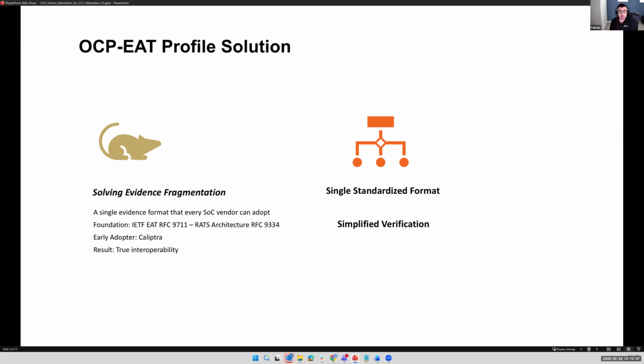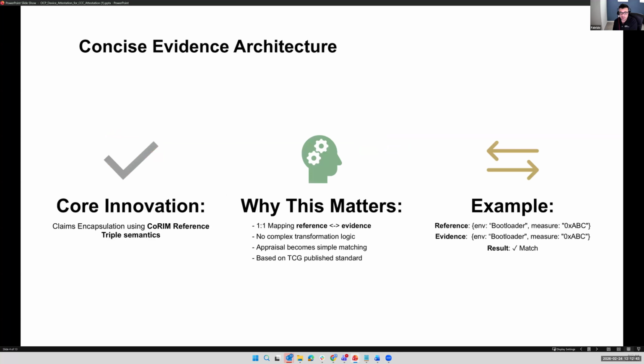The goal is that a single standardized format will simplify verification. The core innovation here is the concise evidence.